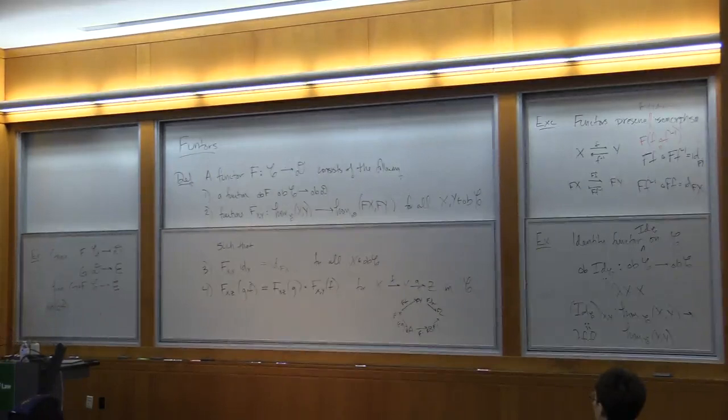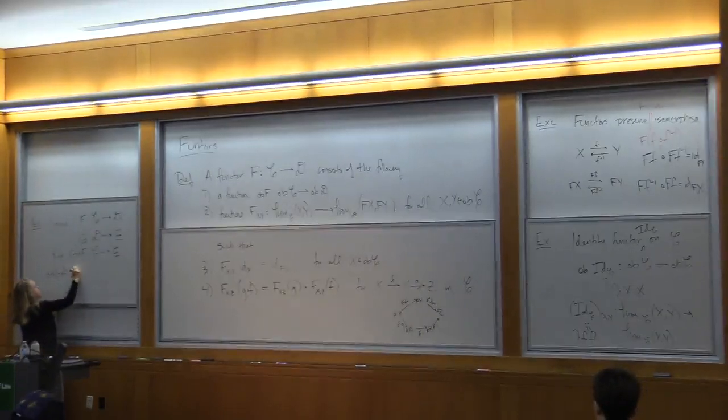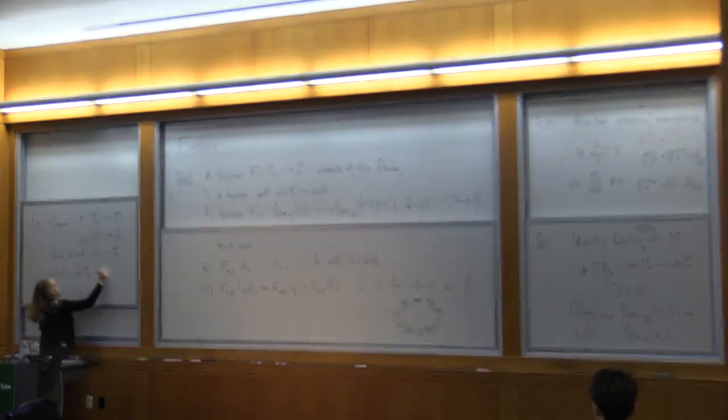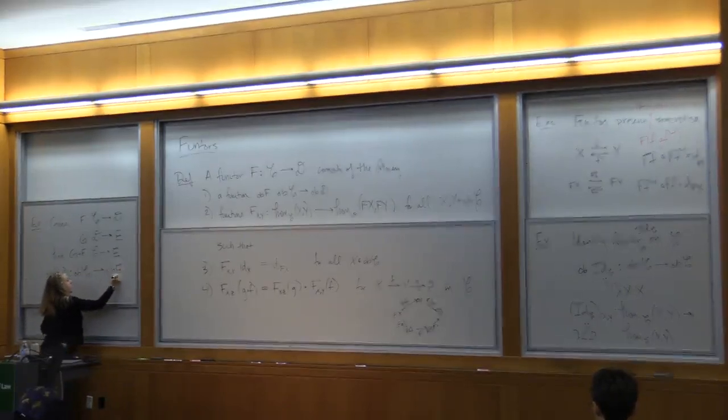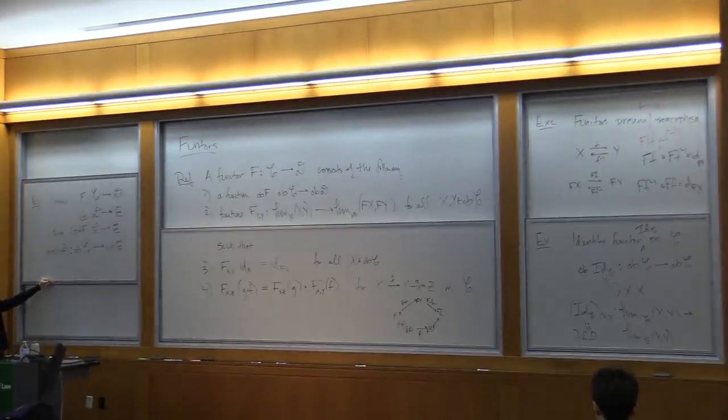So Ob of G circle F should be a function from objects to the objects. What should it do?